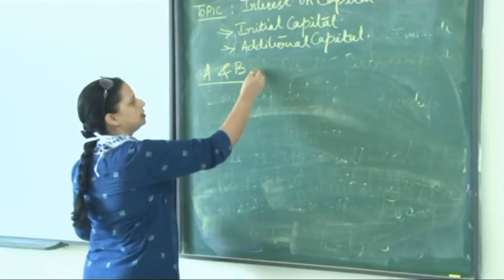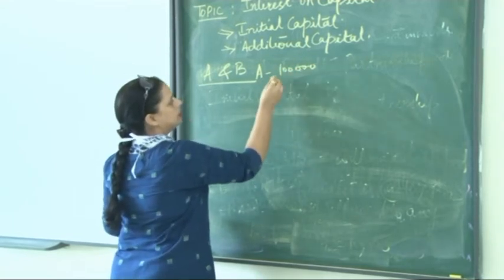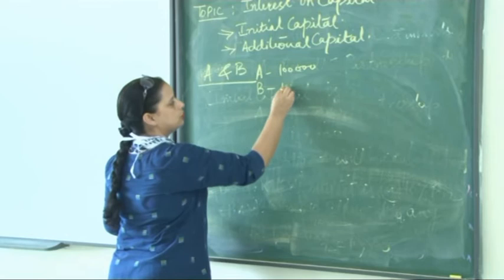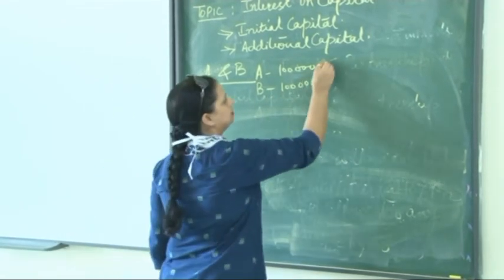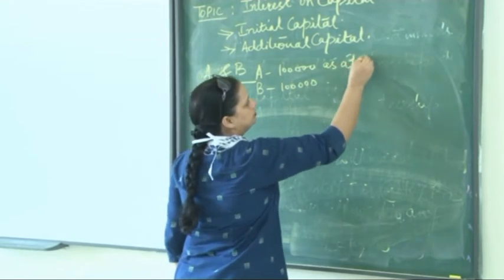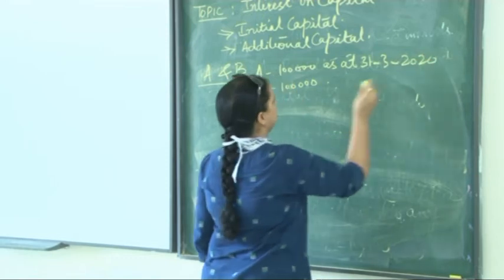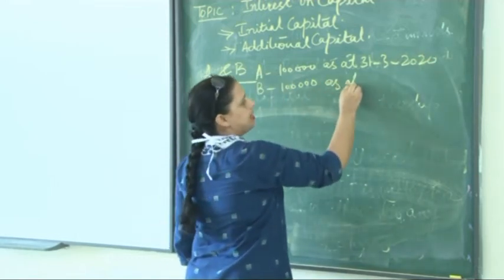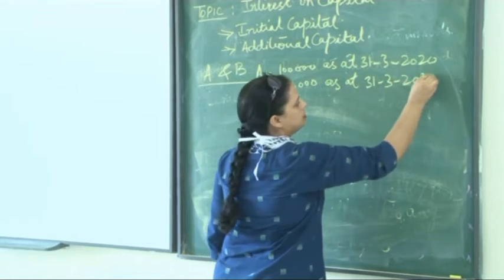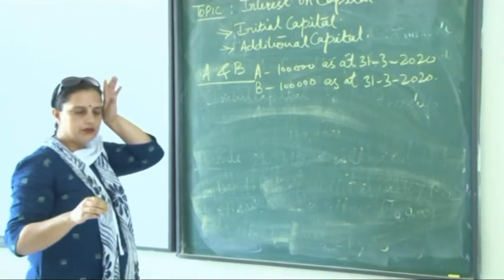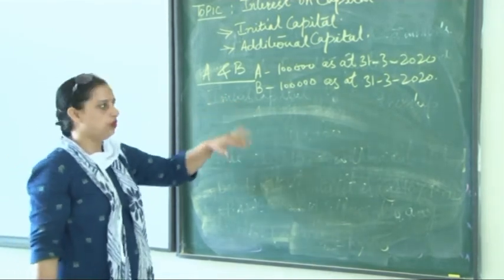Suppose both partners, A's capital is 1 lakh, B's capital is also 1 lakh, as at 31/3/2020. Okay? Now they introduce some more capital in the business.